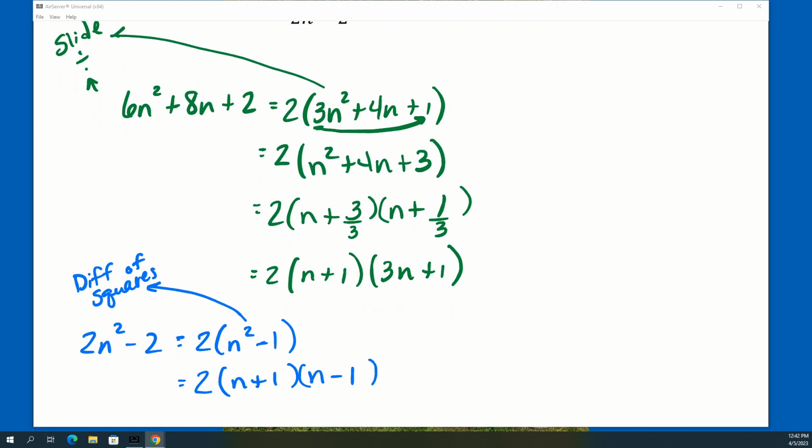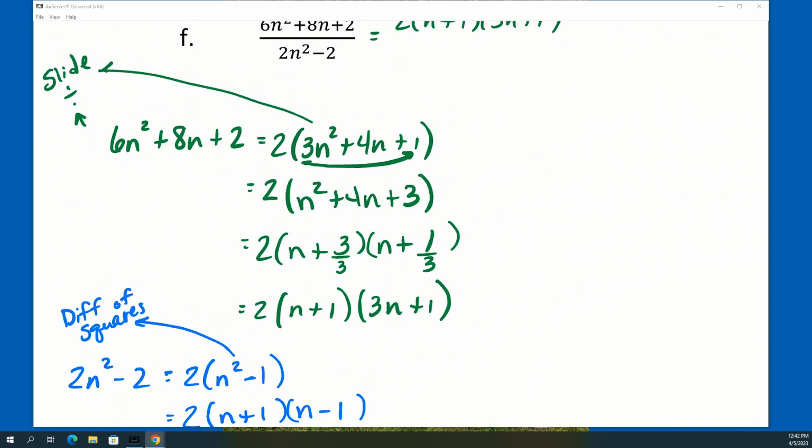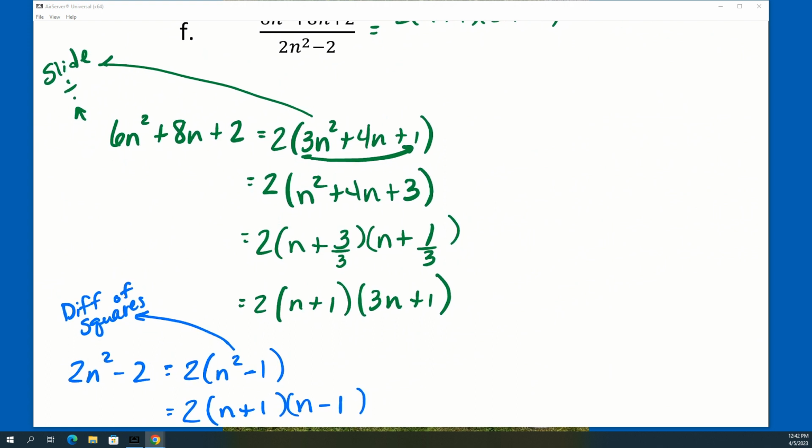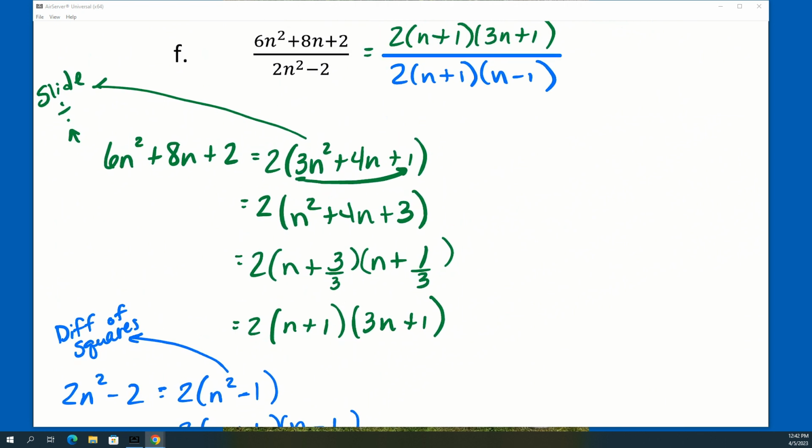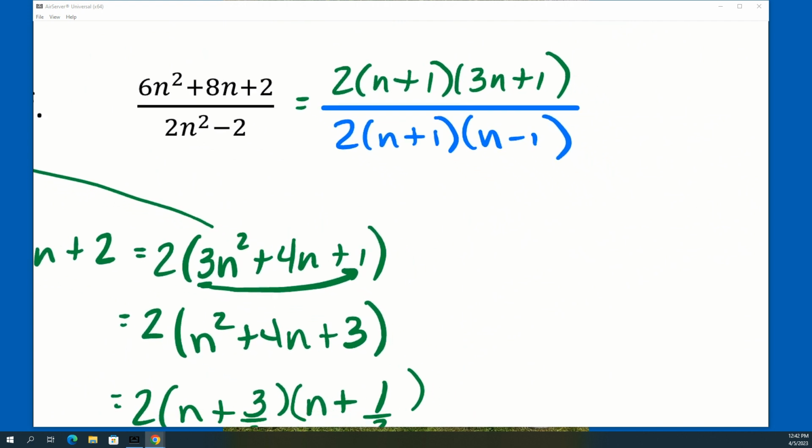All right, and then I'll just bring that up, put it on the bottom of the fraction. All right, you guys finish this one from here, please.